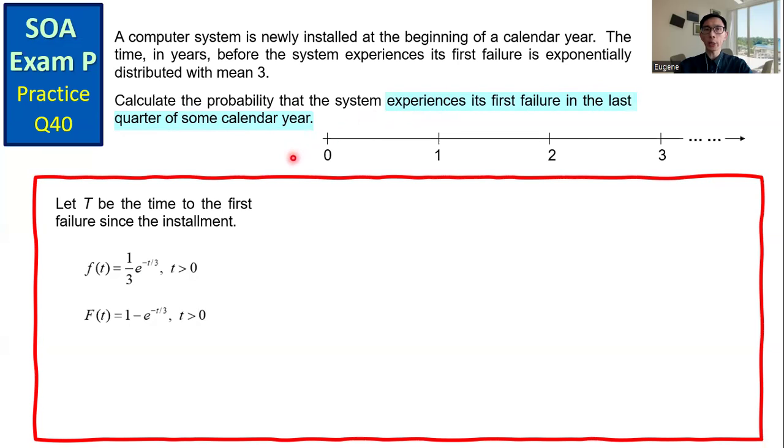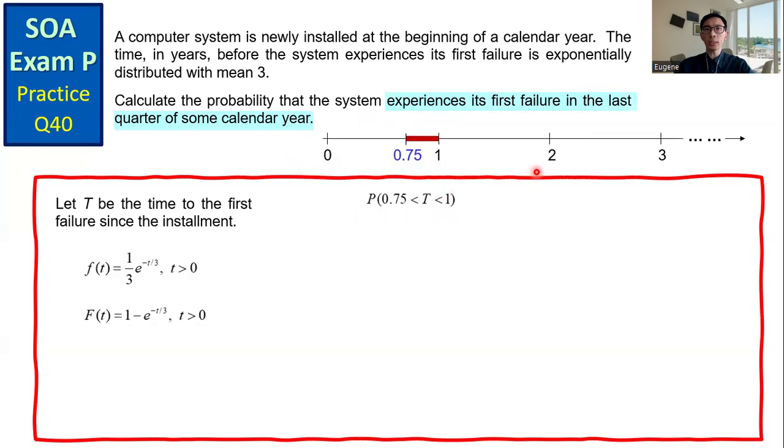Let's construct a time diagram. The time here is in years. In the first year, the last quarter corresponds to the time between 0.75 and 1. So we have the probability expression P of 0.75 less than t less than 1.